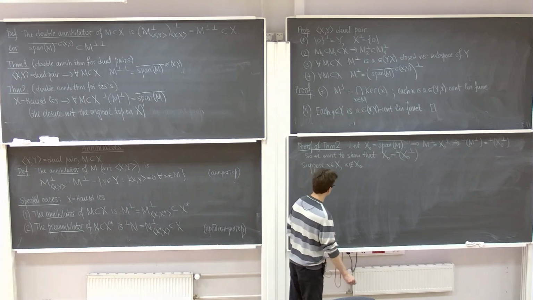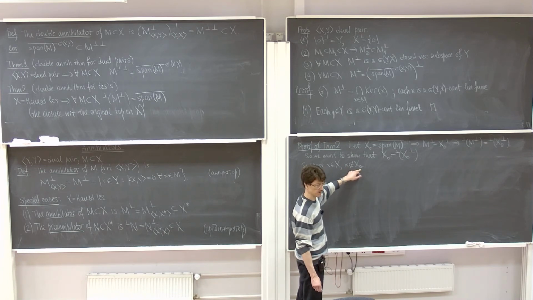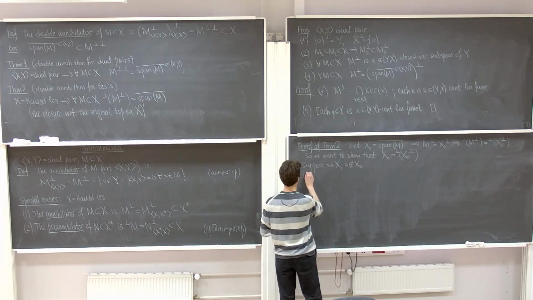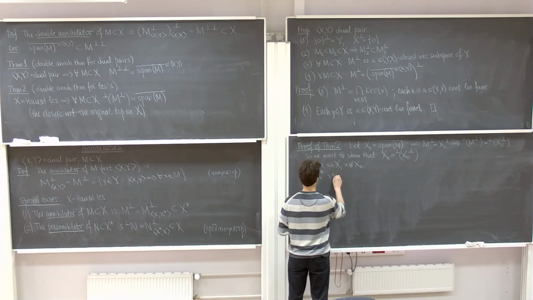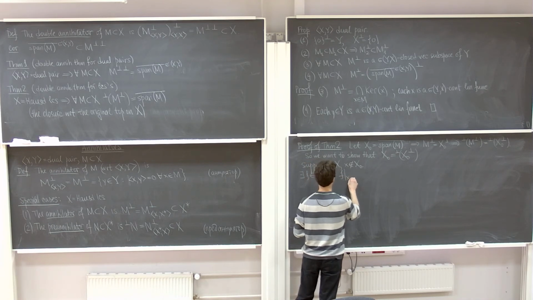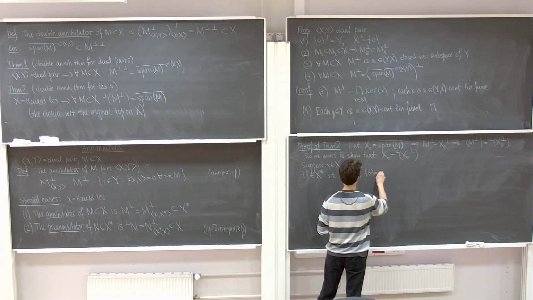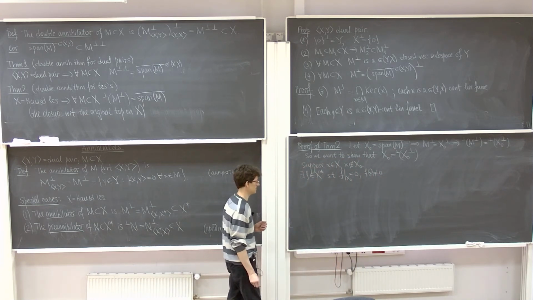We know that in this case, X and X0 can be separated by a linear functional in the following sense. There exists a continuous linear functional f on X such that f vanishes at X0, but doesn't vanish at x. So this result was proved at the previous lecture.